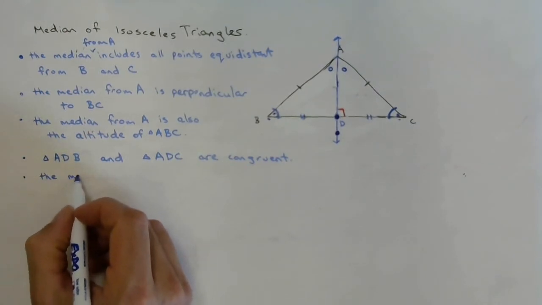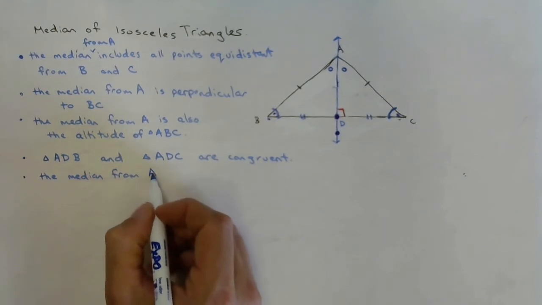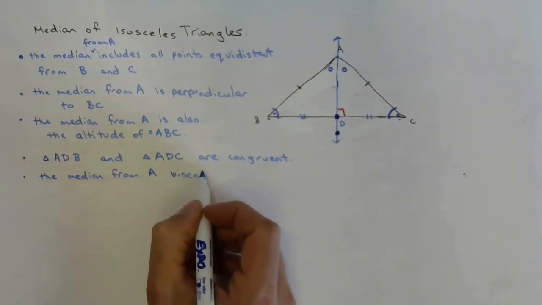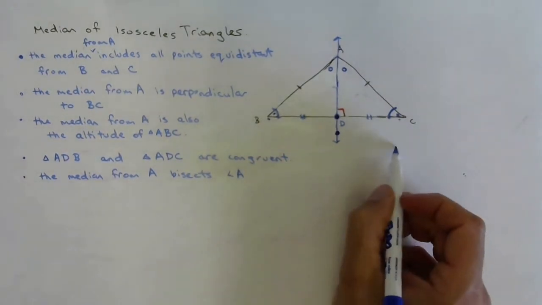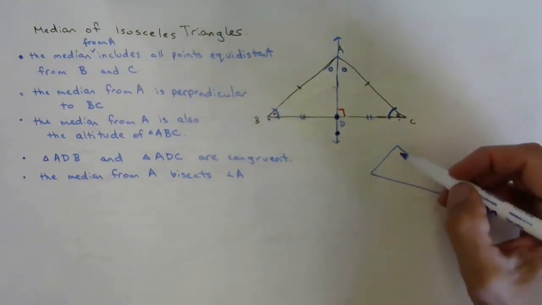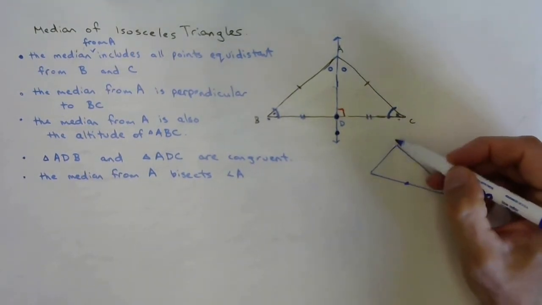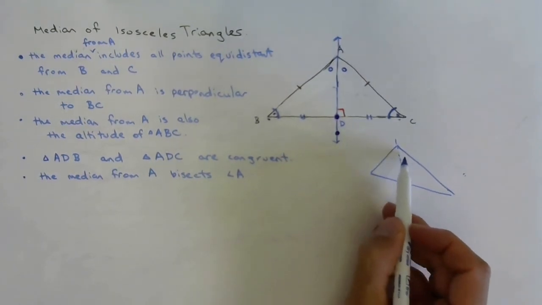The median from A bisects angle A. Okay, that is not true in any other type of triangle. Here's a median in this triangle. These two angles are clearly not equal.